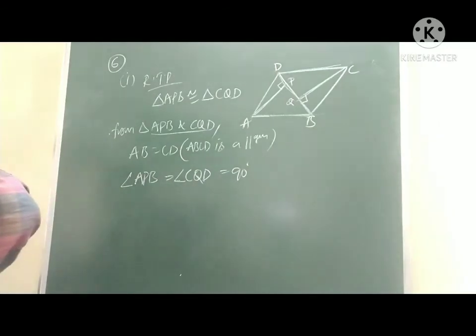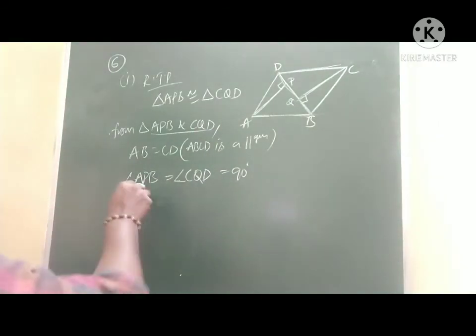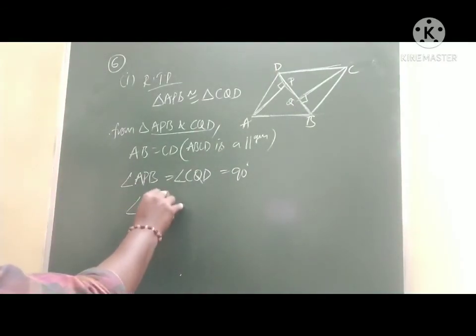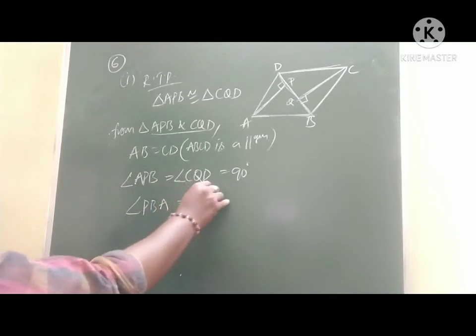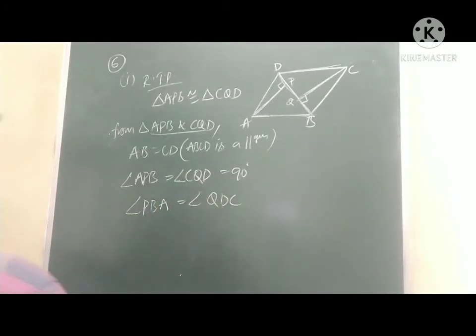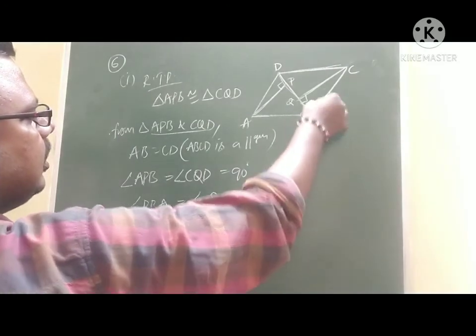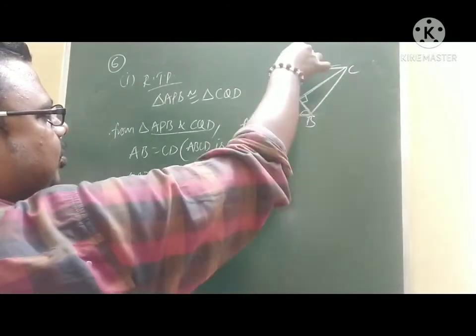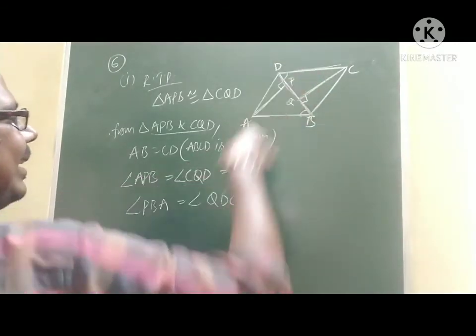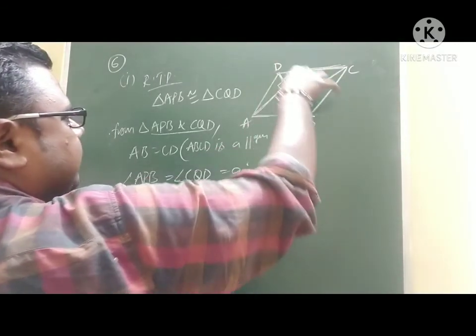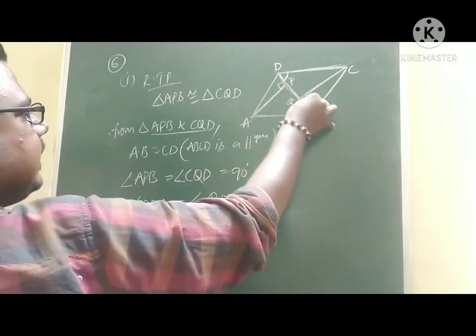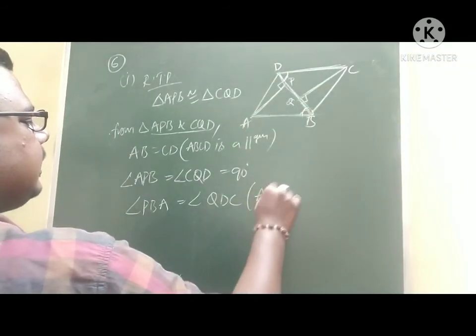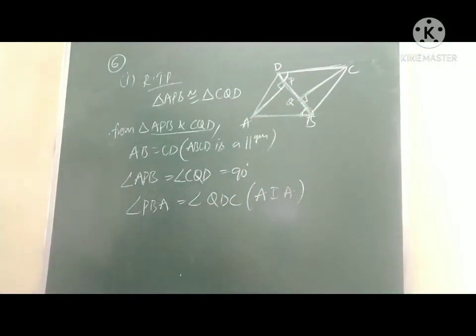We can write one more thing, that angle PBA is equal to angle QDC. Why? Because AB and CD are the opposite sides of a parallelogram. They are parallel and equal, so we get alternate interior angles.